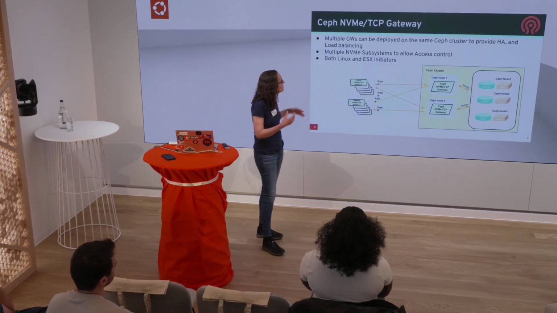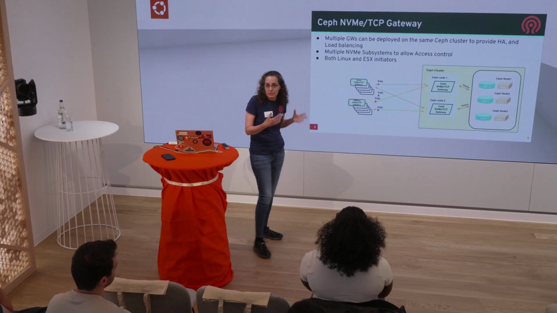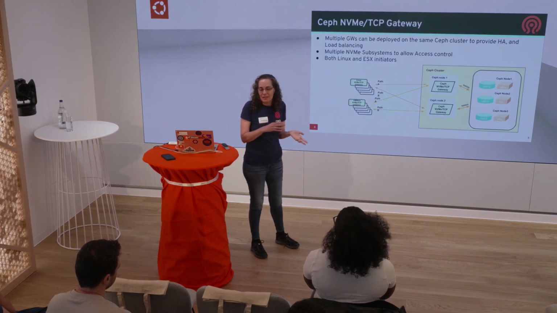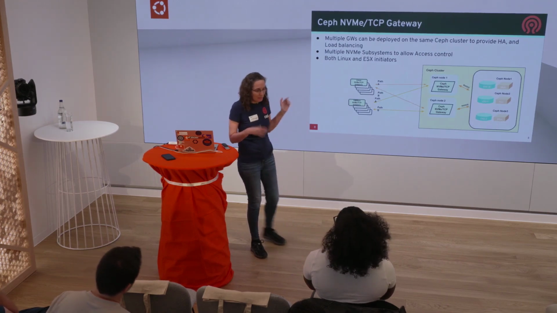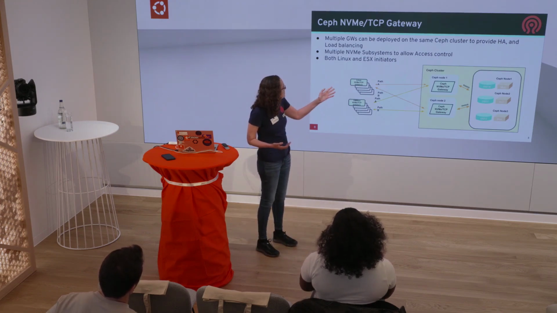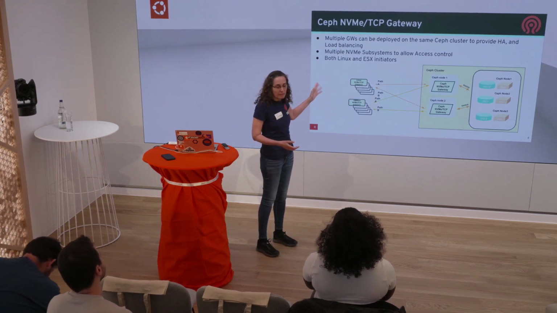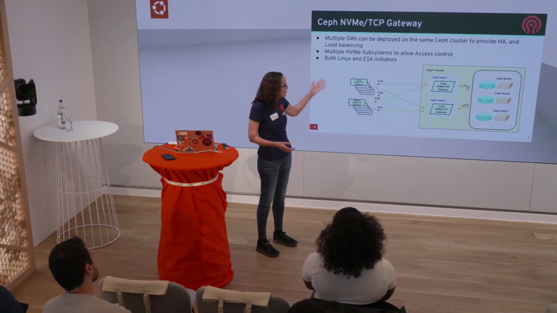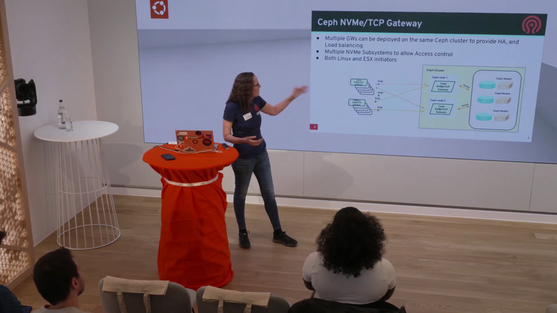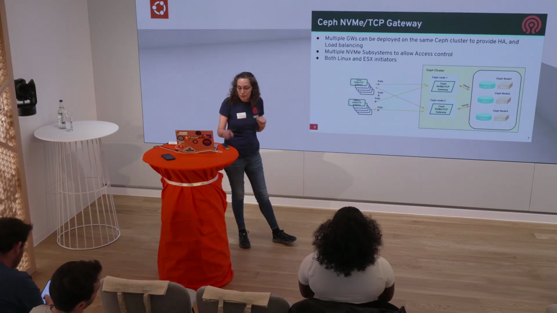And you have several gateways in the cluster. Currently, we support only one gateway per node, an implementation limit. The next version will support more. Then you can configure the initiator to access different namespaces and subsystems, and as I said, we support both Linux and ESX.